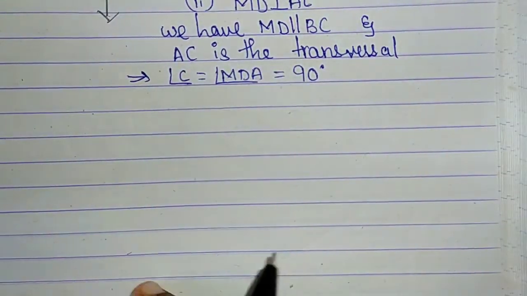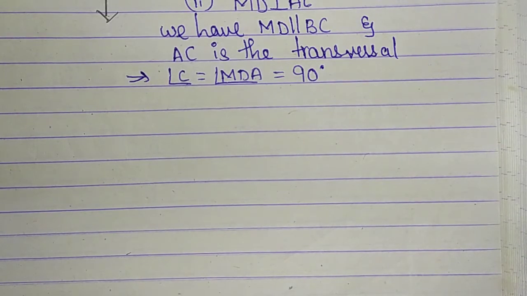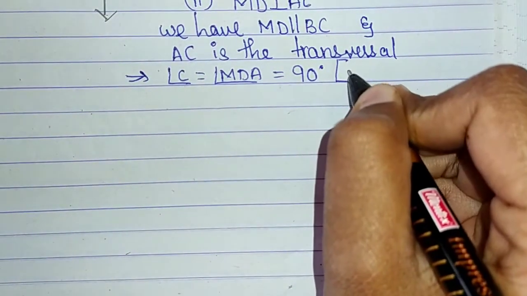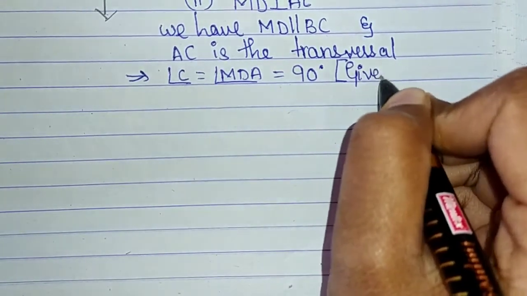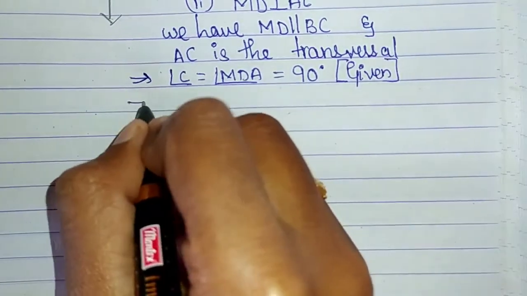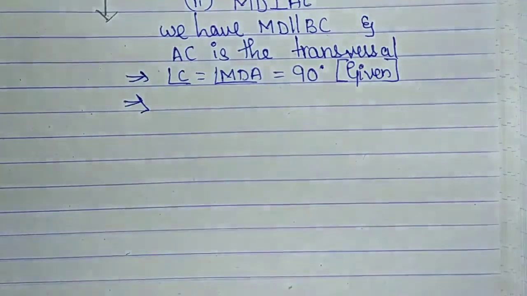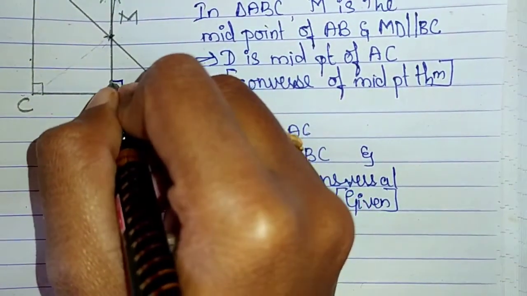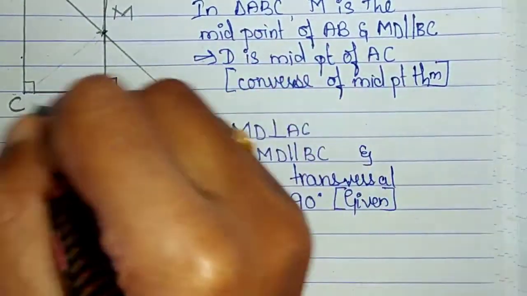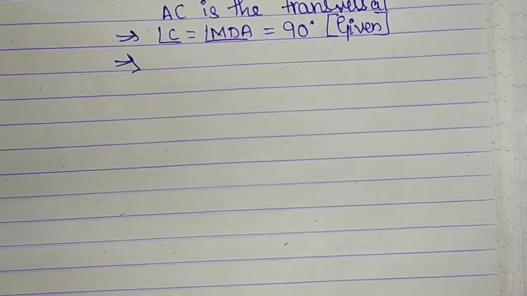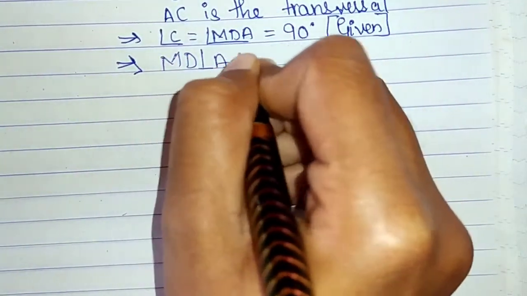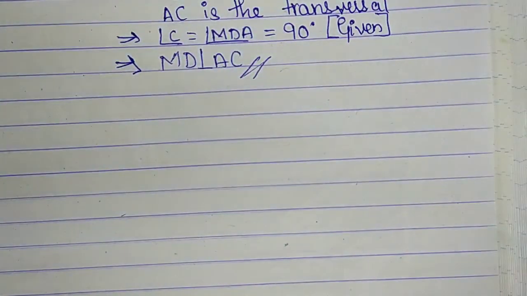We were told that angle C is 90 degrees because the triangle is right angled at angle C. So because it is given, since this angle is equal to 90 degrees, it means that MD is perpendicular to AC. This is the solution to the second sub question.